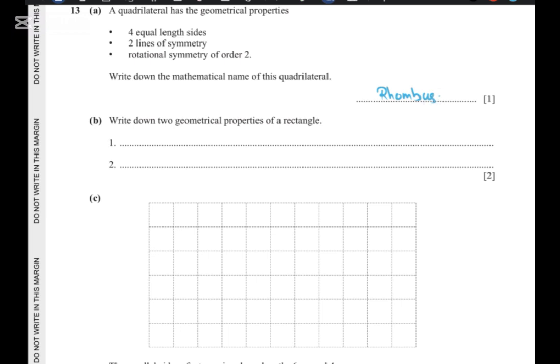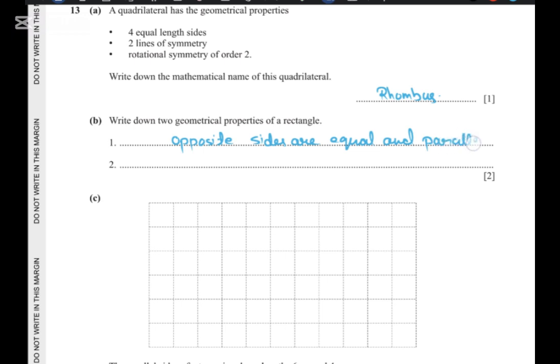Question number B. Write down the two geometrical properties of a rectangle. Now, what are the two geometrical properties of a rectangle? You can write them. First of all, you can write the rectangle's opposite sides are equal and parallel.